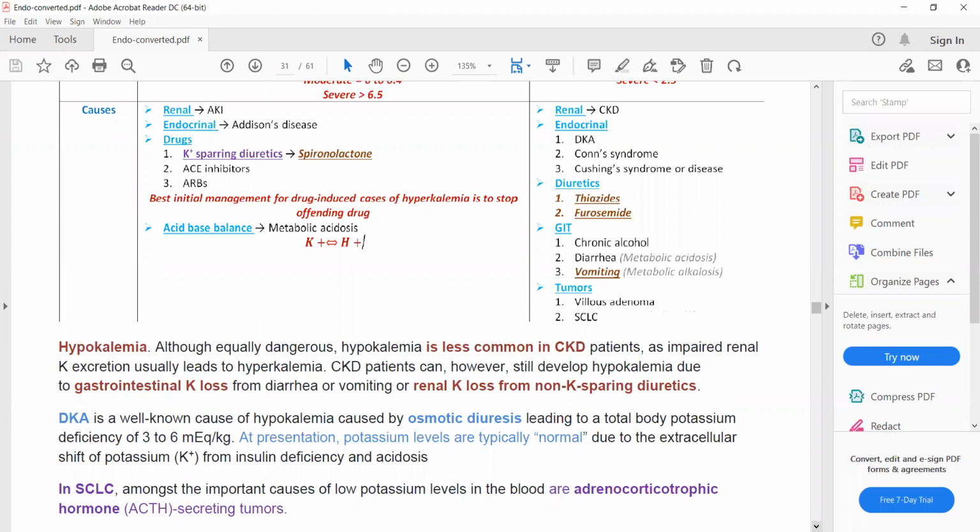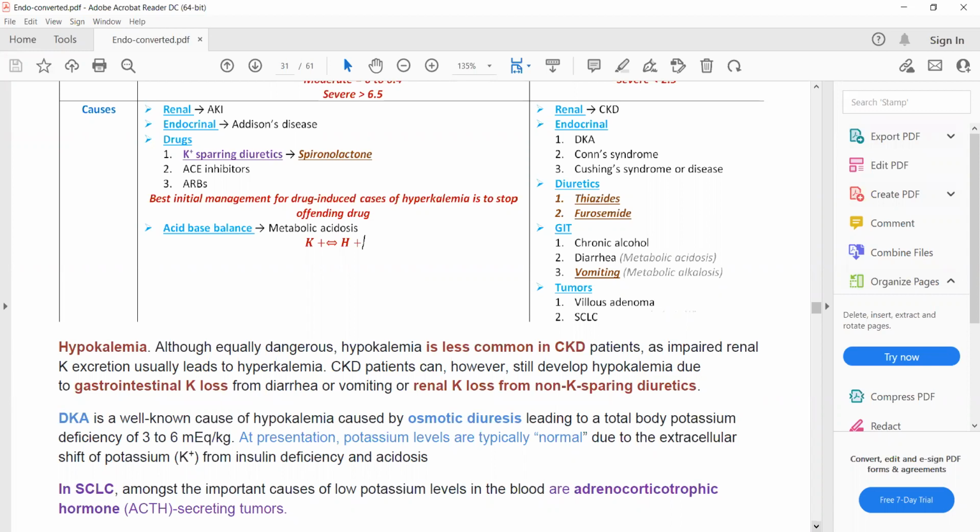So, can any one of you tell me which hormones are secreted by small cell lung cancer? ACTH. ACTH, yes. So, ACTH and ADH. Which hormone will be the cause of hypokalemia in both of them?